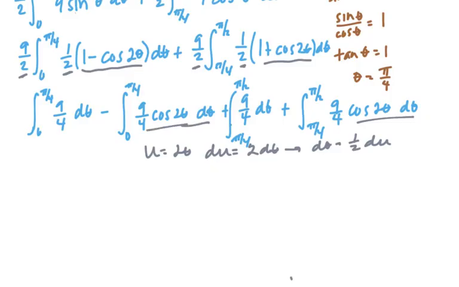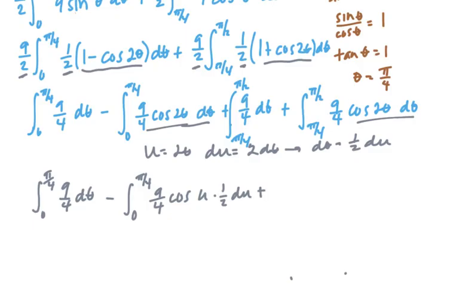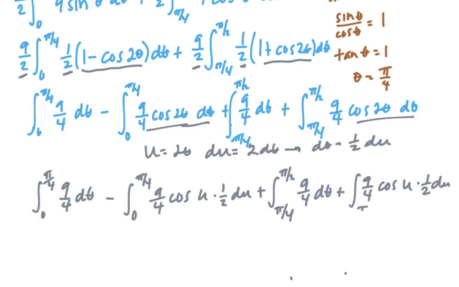So now we're going to have the integration from 0 to pi over 4 of 9 over 4 d theta minus the integration from 0 to pi over 4 of 9/4 cosine of u times 1/2 du, plus the integration from pi over 4 to pi over 2, 9 over 4 d theta, plus the integration of 9 over 4 cosine of u times 1/2 du from pi over 4 to pi over 2.